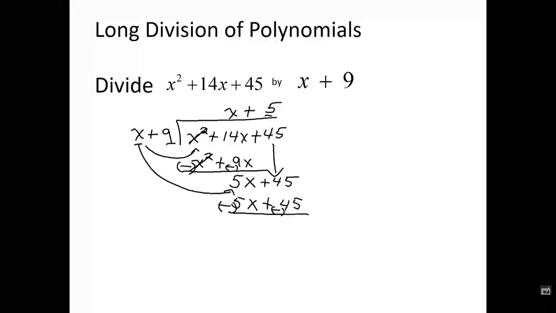Upon subtracting, a negative 5x plus 5x is 0. A negative 45 plus 45 is also 0. So the quotient is x plus 5 with a 0 remainder. And notice again, we divided, we multiplied, we subtracted, and we brought down the next term.